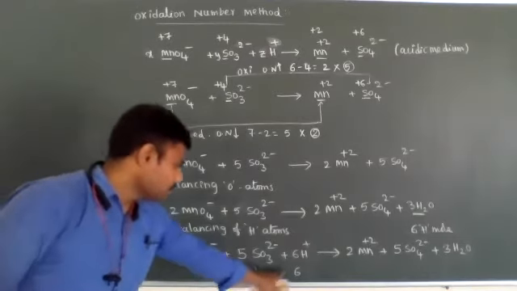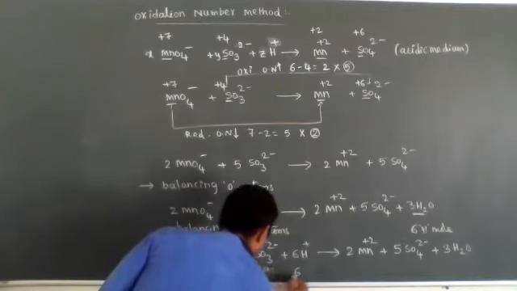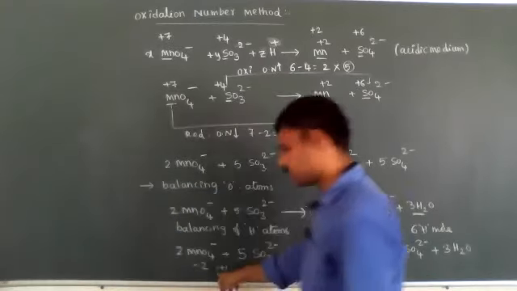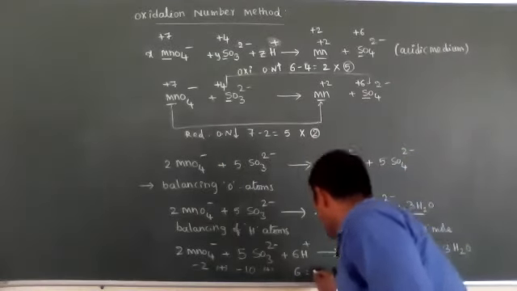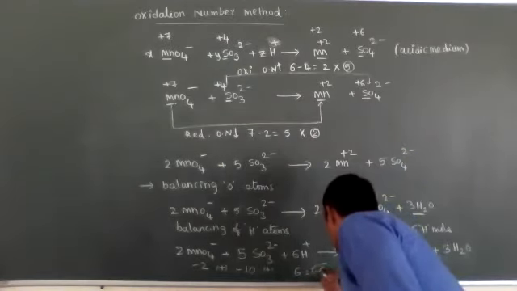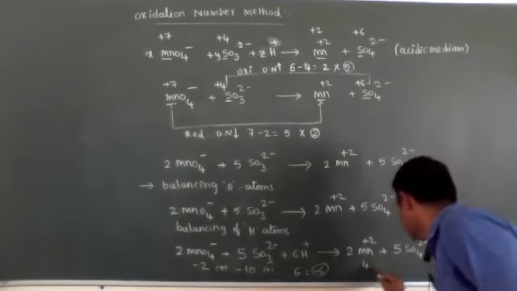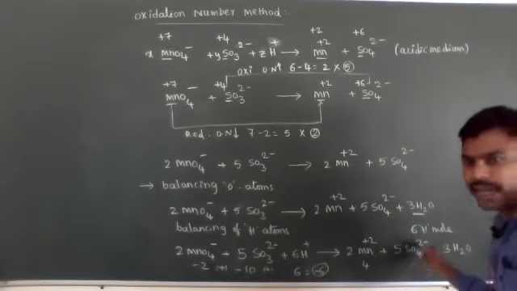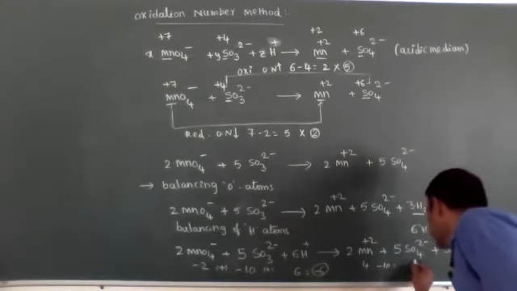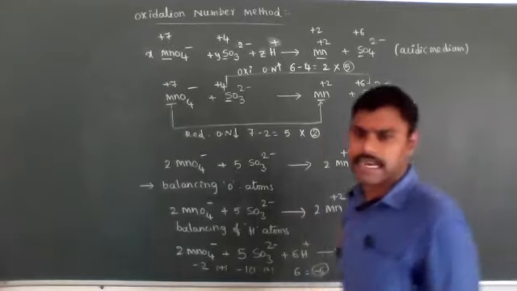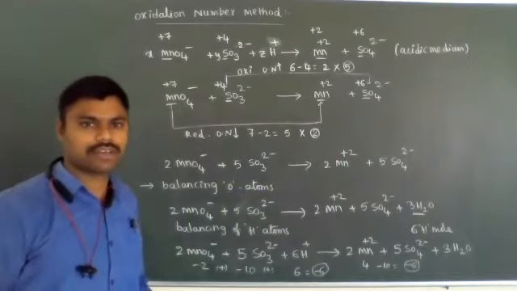Minus 12 plus 6, so we get minus 6 units. Then on the right side, 4 minus 10 is equal to minus 6. So the right side is minus 6 and the left side is minus 6. So charges are also balanced. Understood?